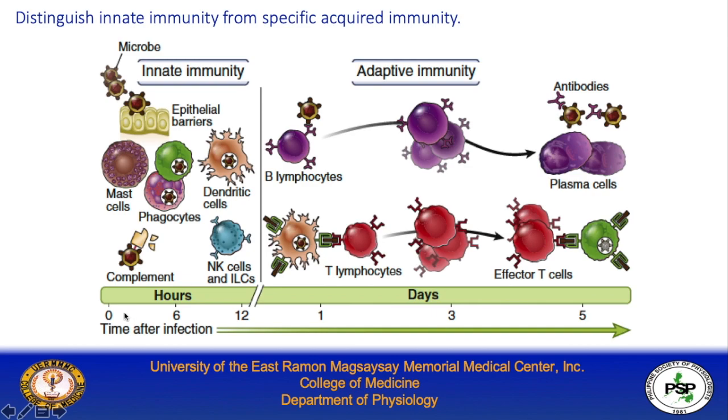So usually at the onset of the injury or exposure to the microorganism, the very first responders would be the components of the innate immunity. Now after some time, that's when the adaptive immunity kicks in. This would take a few days before your adaptive immunity becomes active.